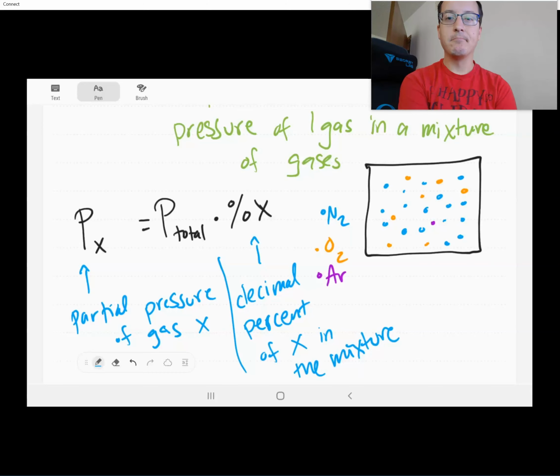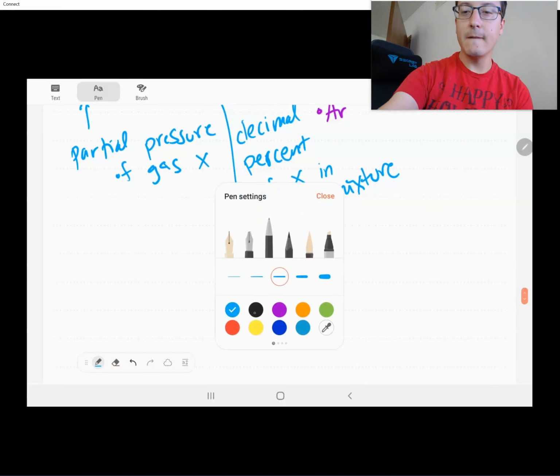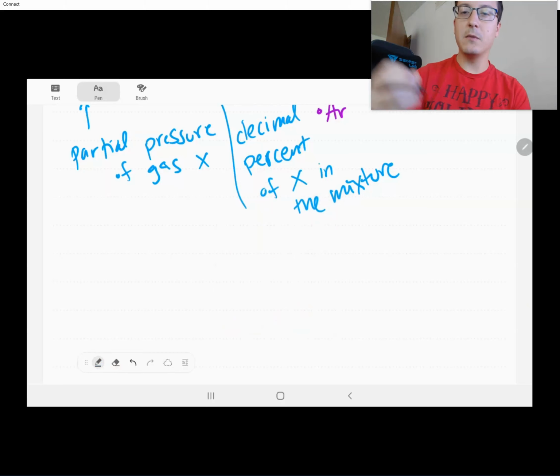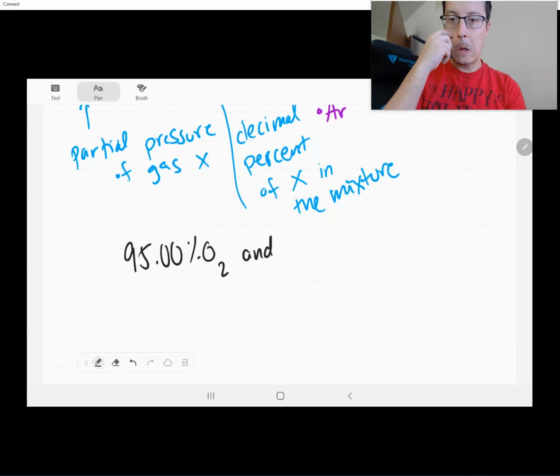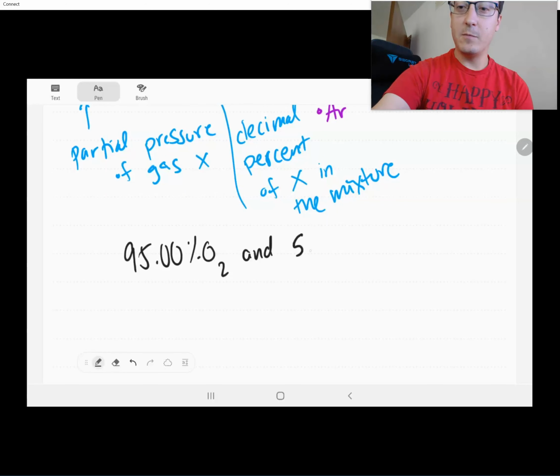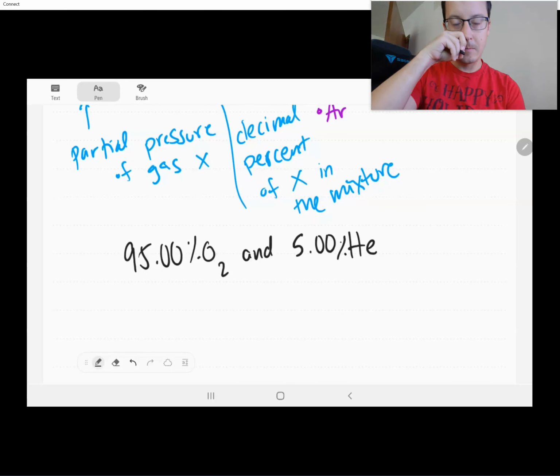Alrighty. Let's go ahead and see this in an example, and I think that'll help to make it a bit clearer for you guys. So, let's say we have a mixture of 95% oxygen and 5% helium. Okay.